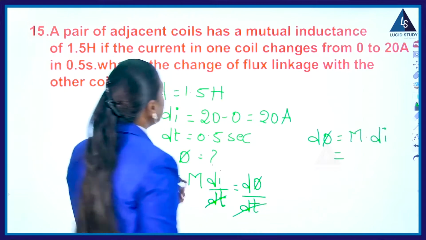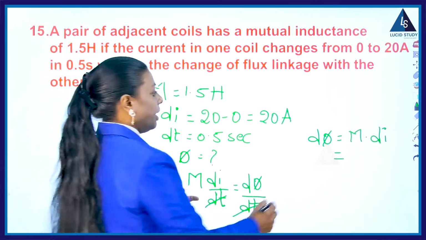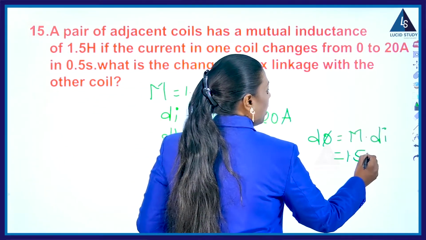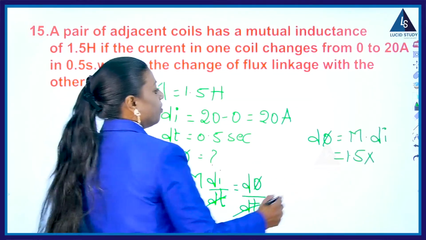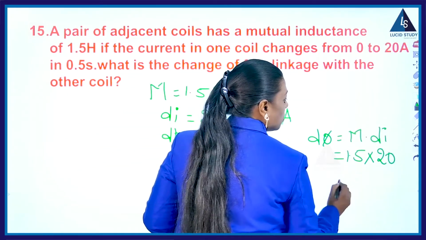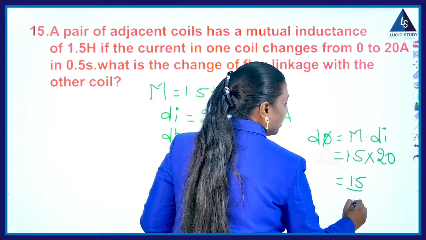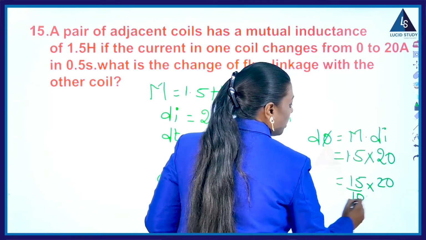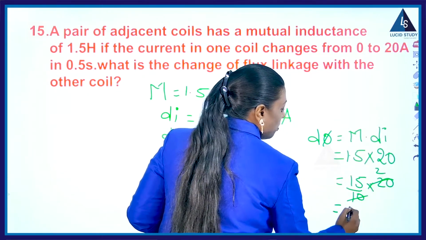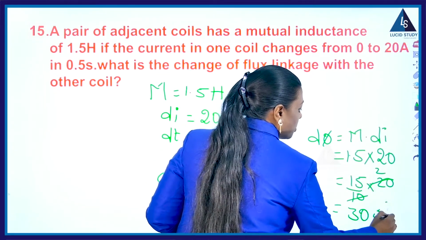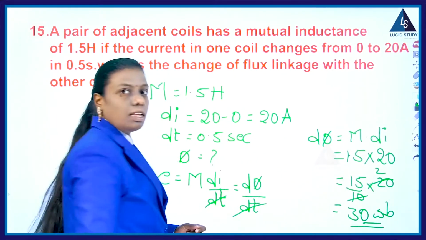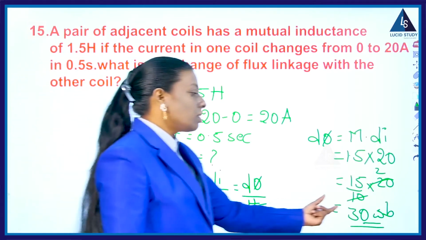The M value is given as 1.5 Henry and the dI value is 20 amperes. So it is 15 by 10 into 20, which equals 30 Webers. The unit of flux is Webers. So it is 30 Webers.